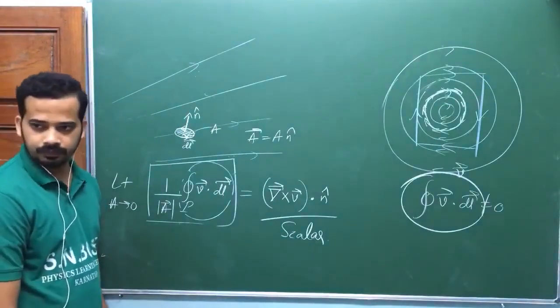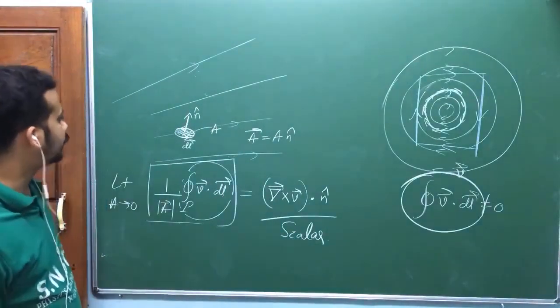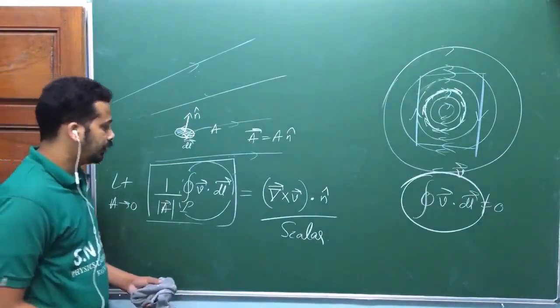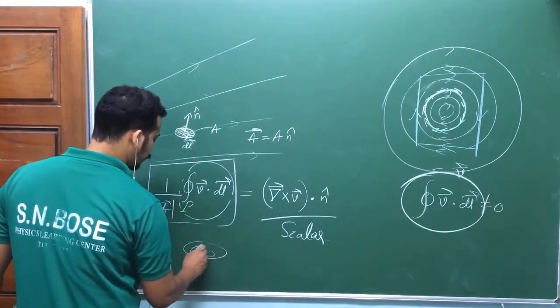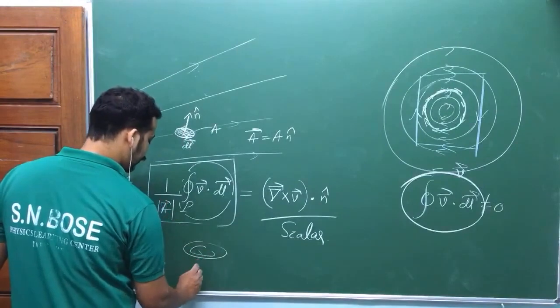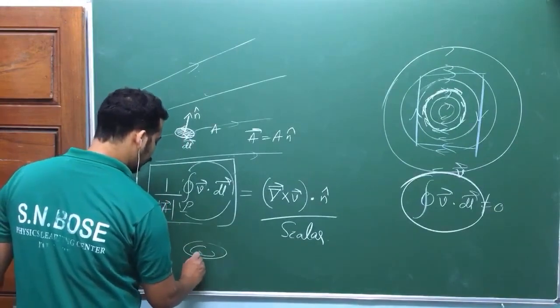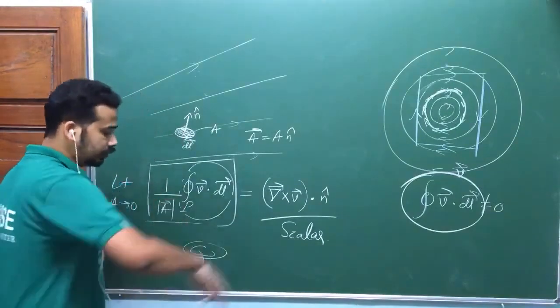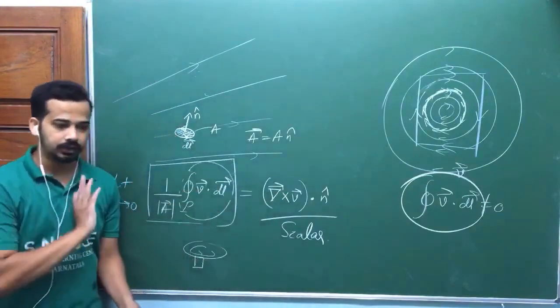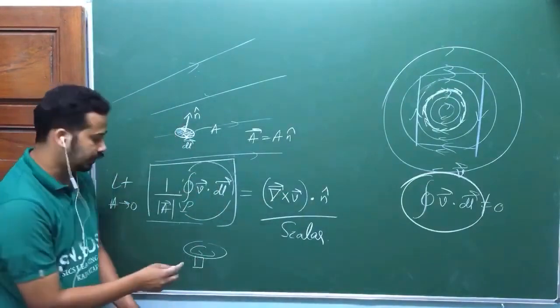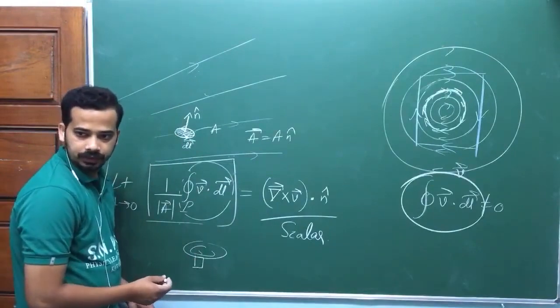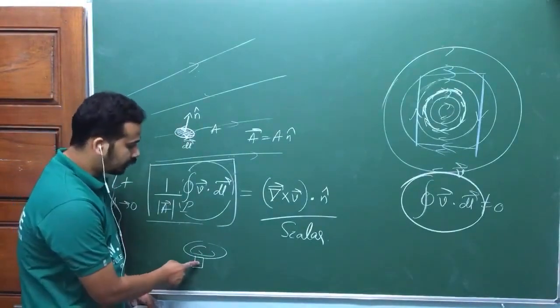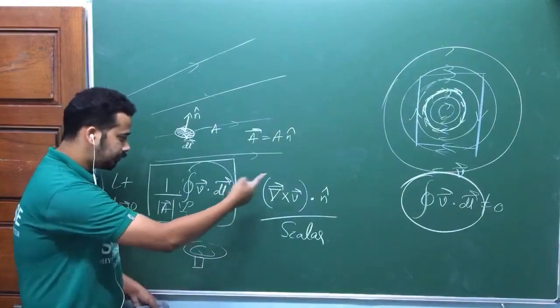Sometimes, suppose your water is circulating horizontally, but you take a closed line integral vertically. Then your area vector will point a different way, so the dot product between them will be 0.